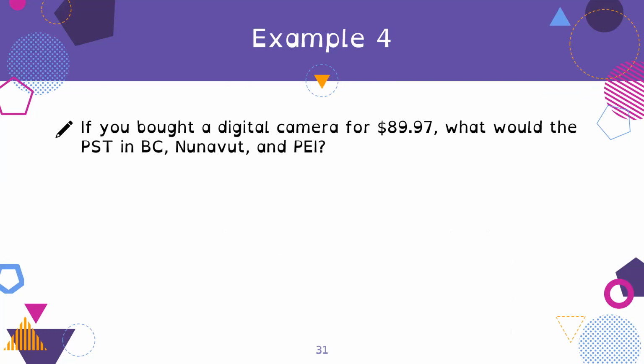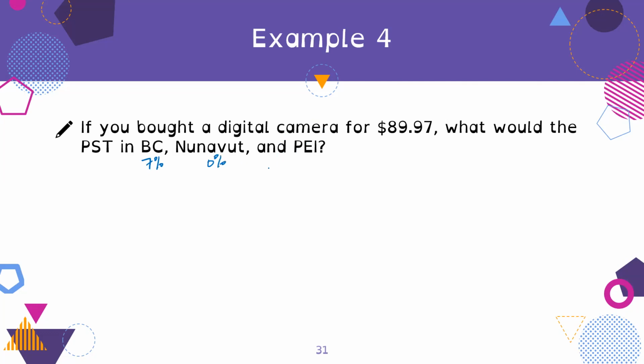So let's do a question of what this is significant for. If you bought a digital camera for $89.97, that's the price of the camera, what would the PST be in BC, in Nunavut, and in PEI? So remember, you can totally look this up. You don't have to have it memorized, but BC, it's 7%. Nunavut, it's 0%.